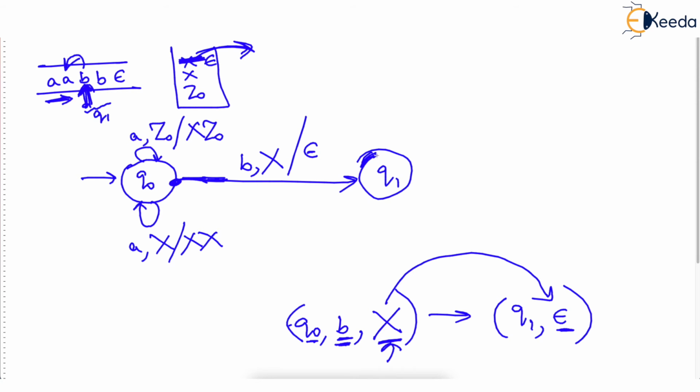Now the machine is in Q1. What Q1 will do, it will keep reading next B. Let's see what happens now. We have read two A's and one B. Now we are about to read the second B followed by epsilon. This is the B we are reading, and the stack is now having Z0 followed by Z0 followed by X. One X has been popped.